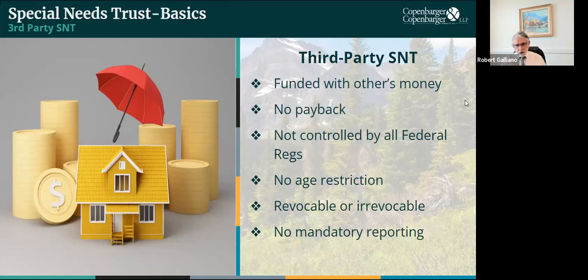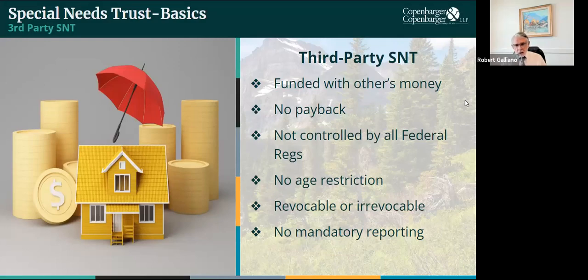Third-party supplemental needs trust. When I'm talking about third-party, I mean that the money put into this type of trust belongs to somebody else, a parent, a grandparent. Generally, it is funded with money that is left as an inheritance to a disabled beneficiary. Third-party supplemental needs trust funded with other people's money, no payback provision required.